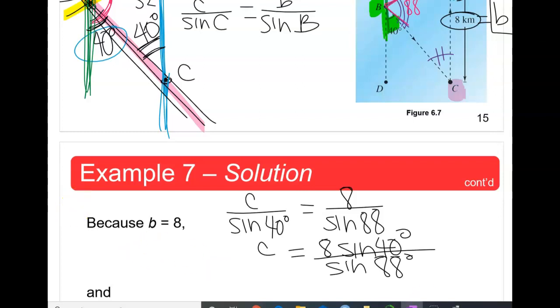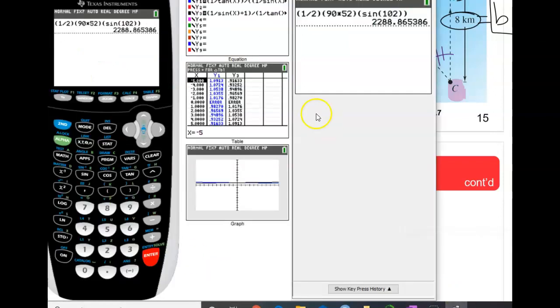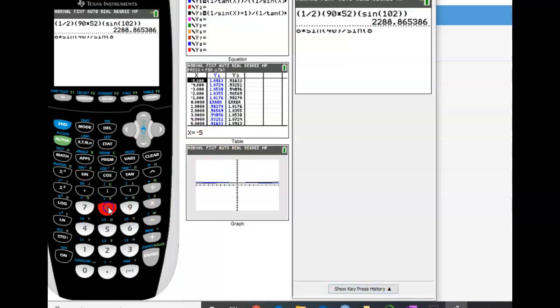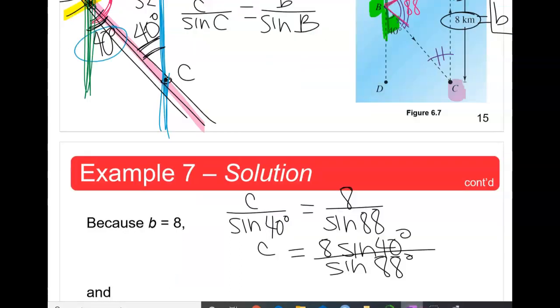So let's enter that on our calculator. 8 times sine of 40, close it, divide by sine of, I forgot, 88. And that will give us 5.145, so we're going to round it to 5.15. 5.15, and the units are kilometers.